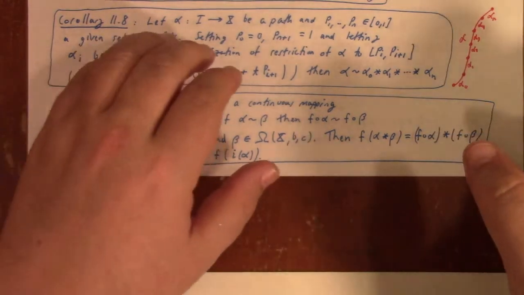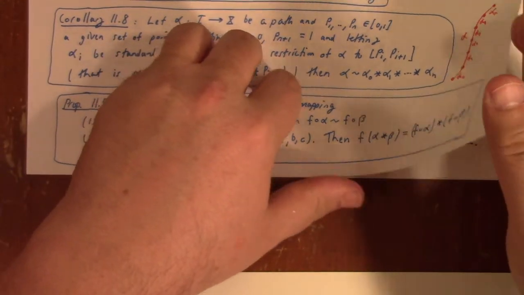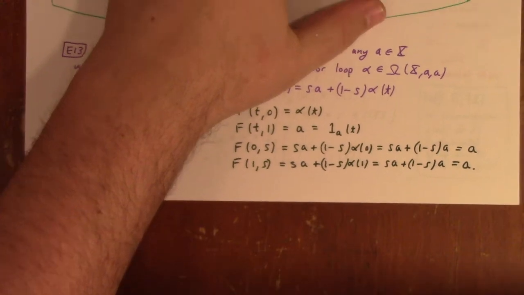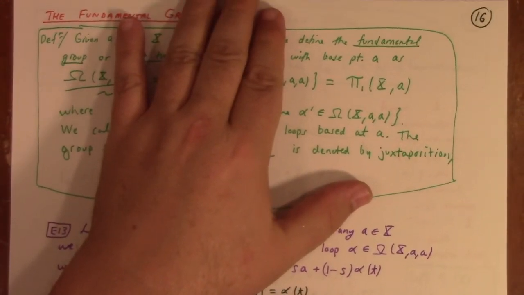So there's that. All of these things are not terribly surprising, but they're important if you want to understand the details of what follows. So that brings us finally to the fundamental group.